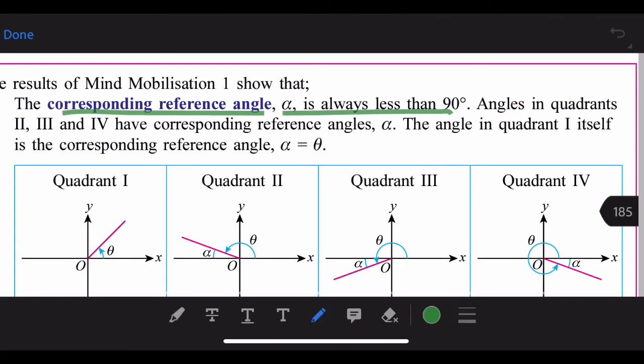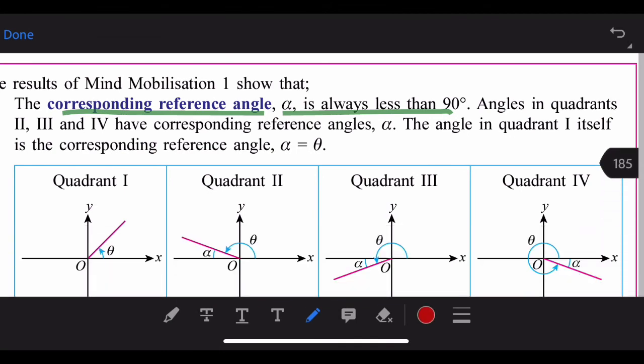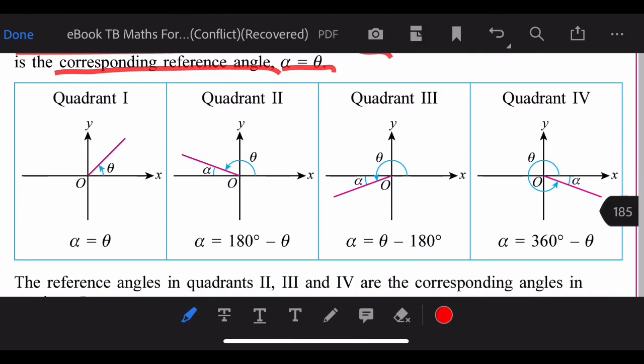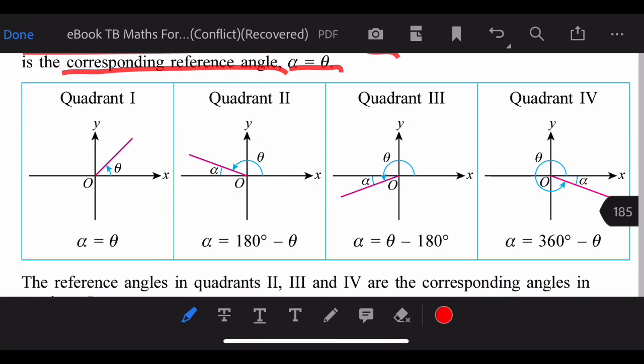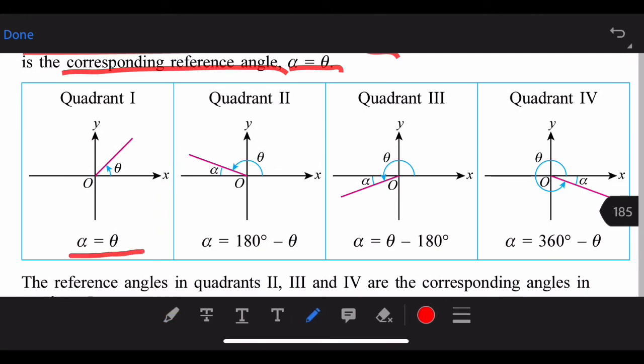This is very important. Let's jot down. Corresponding reference angle alpha. Okay, the angle in quadrant 1 itself is the corresponding angle, so alpha equals theta. So for first quadrant, alpha equals theta. For the second quadrant, alpha is 180 minus theta.